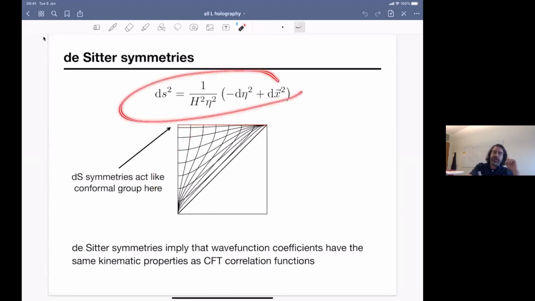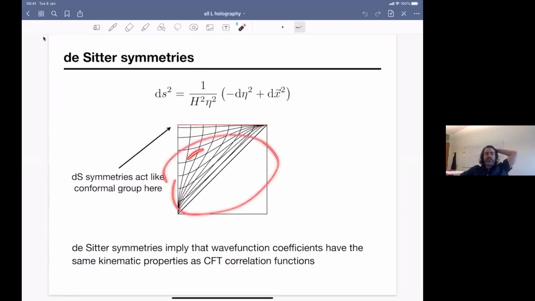I imagine you're all familiar with the de Sitter line element. Roughly speaking, the fact that bulk de Sitter physics respects de Sitter symmetry implies that the wave function coefficients generated by inflation have the same kinematic properties as CFT correlation functions. This is exactly the same statement, at the kinematic level, that we use to argue that CFT objects should be conformally invariant, or that AdS should generate conformally invariant objects on the boundary.